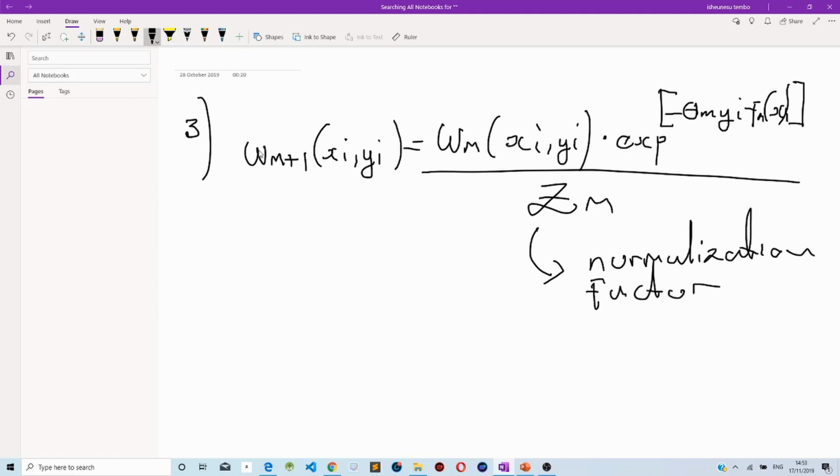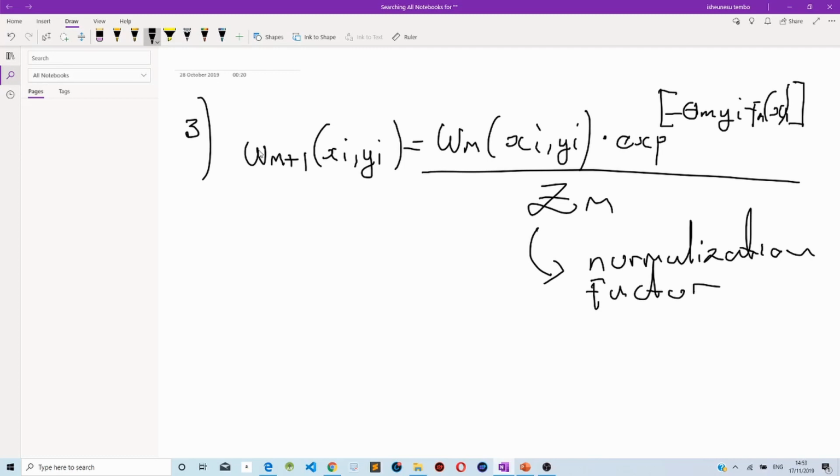Remember, I said that the sample weights should always add up to 1. For them to add up to 1, we need to divide them by the normalization factor. If a misclassified case is from a positive weighted classifier, the exponential term in the numerator would always be larger than 1.